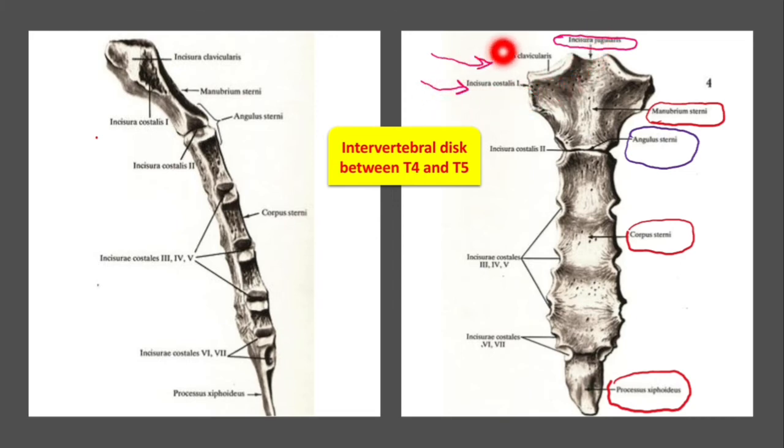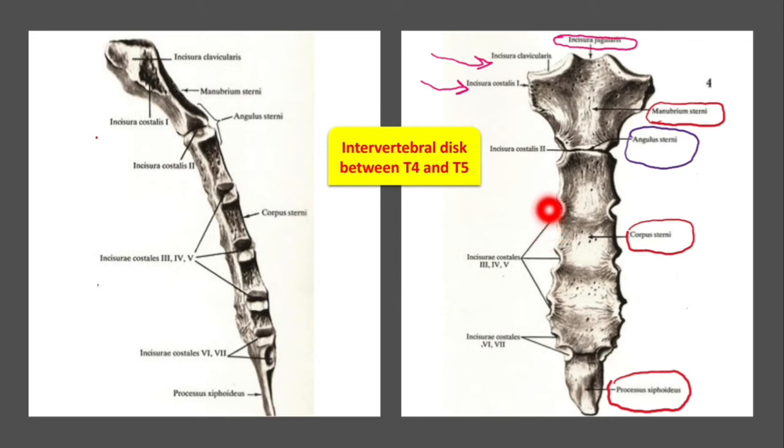You can also see another notch here for articulation with the clavicle, incisura clavicularis, and the notch for articulating with the first rib, incisura costalis prima. So this one will be incisura costalis secunda, for the second rib.